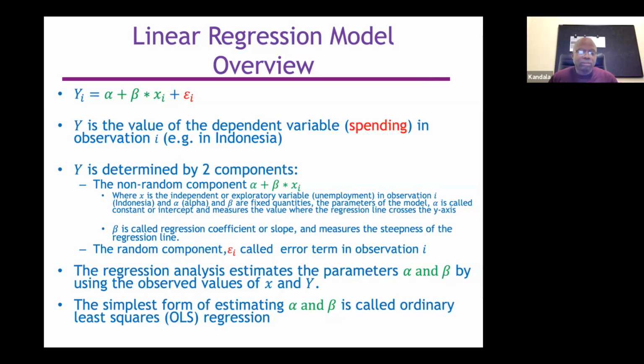I will come back later to explain that. The random component is called the error term of the observation. If you are measuring government spending on health, depending on the unit of analysis and the observation, you may be making some error. That is the error part.